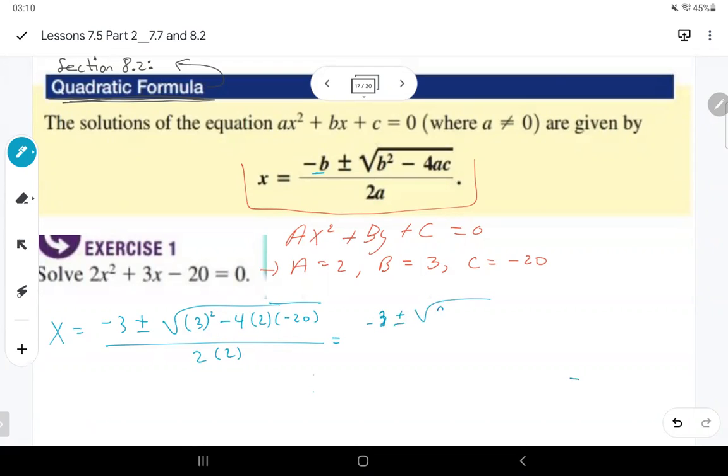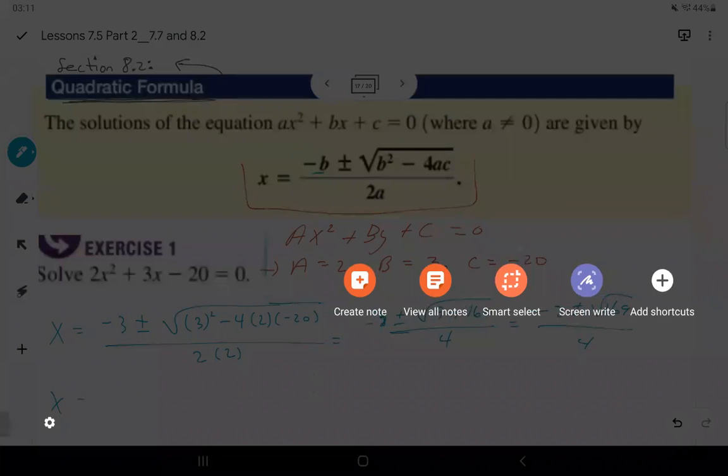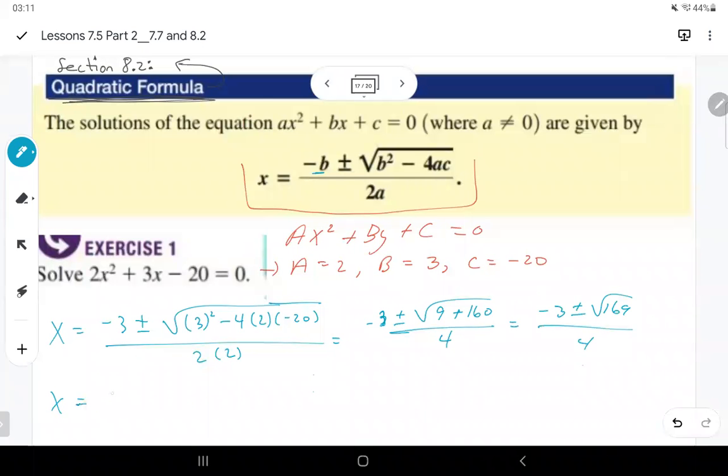So 3 squared is 9, minus, so we're going to have a plus there. So 4 times 2 times 20 will give us 160. And then 2 times 2 gives us 4. So we have -3 plus or minus the square root of 169 over 4. So that gives us x equals -3 plus or minus the square root of 169 is 13 over 4.